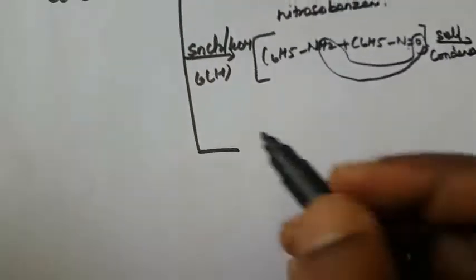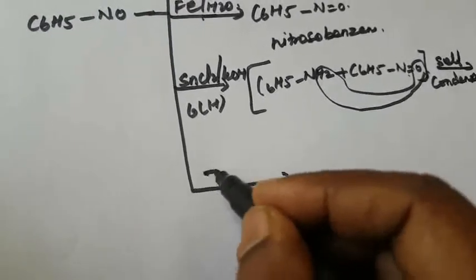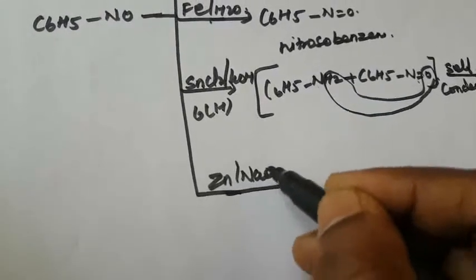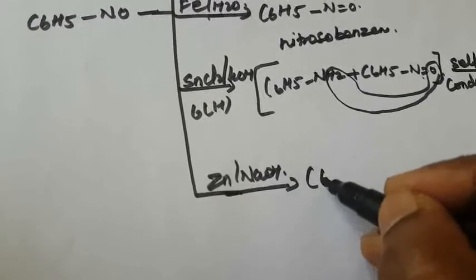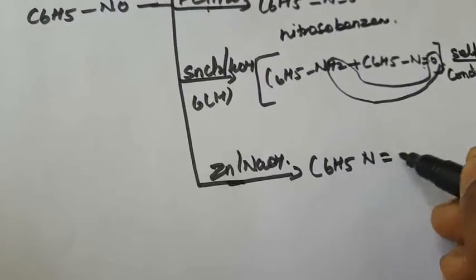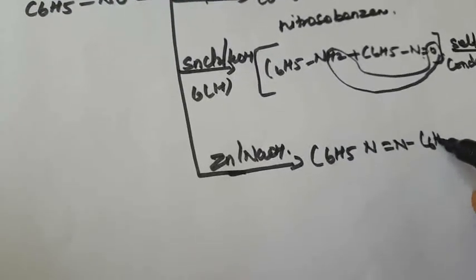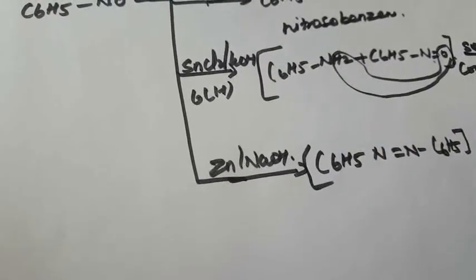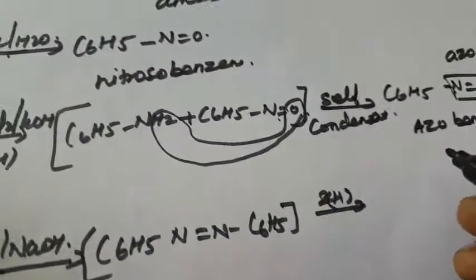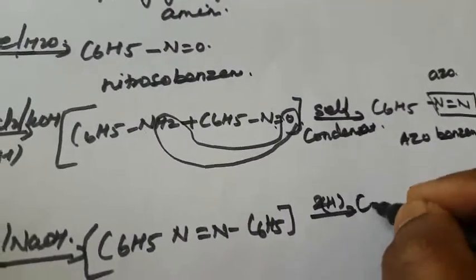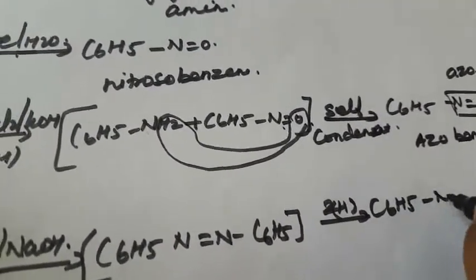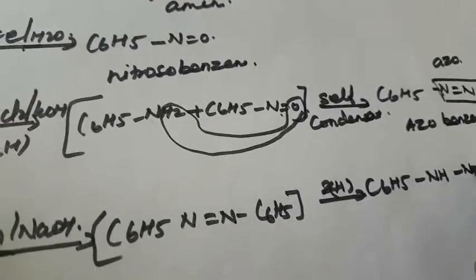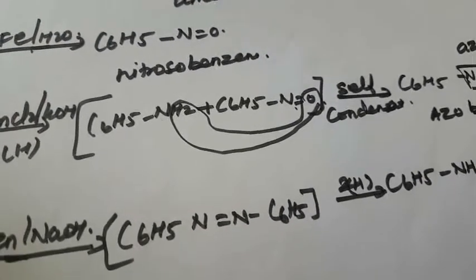Again another one is the same compound with Zn and NaOH, sodium hydroxide, C6H5N double bond N C6H5. Okay, so again it will be reduction with hydrogen to form the hydrazobenzene C6H5 NH C6H5.